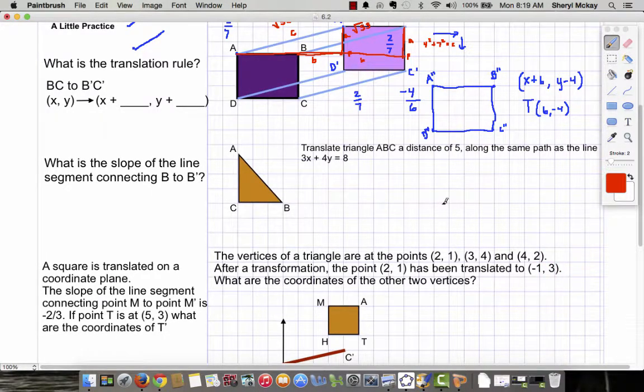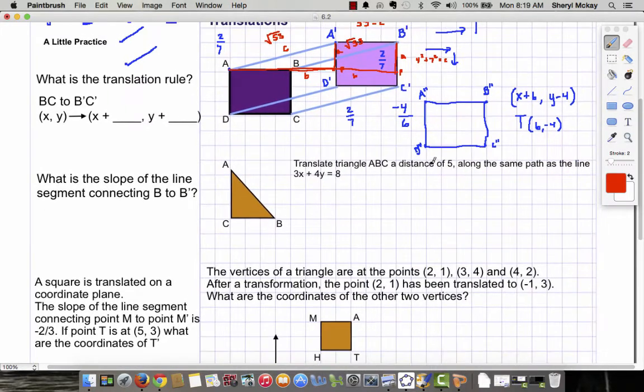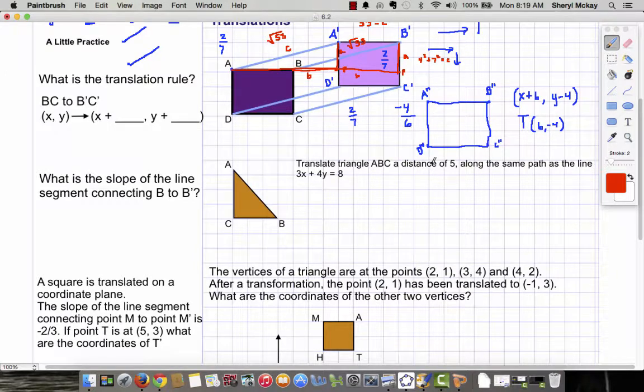So let's go ahead and use what we know about translations and slopes of lines and see if we can figure out how to translate this triangle ABC. We want to translate it a distance of 5 along the same path as the line 3x plus 4y equals 8. So we're basically saying that it's parallel to this line 3x plus 4y equals 8, and we need to figure out what the slope of this line is.